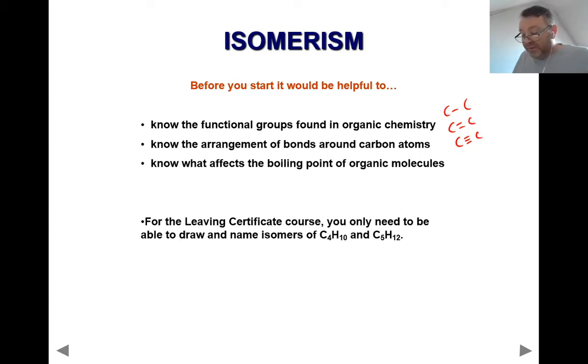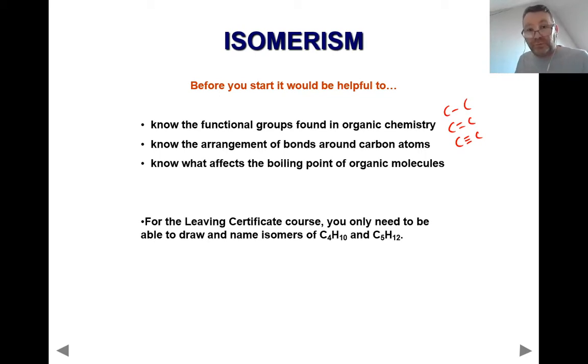I did mention down here that you only need to be able to draw and name the isomers of C4H10 and C5H12. Now, I hate this "you only need to do." You should be able to draw isomers of anything up as far as octane. Octane is fun because there are 18 different isomers, which I'm going to leave you with as a puzzle. But C4H10, butane, and C5H12, pentane, are the ones that will come up, simply for time.